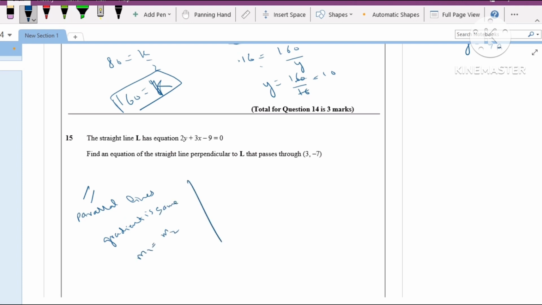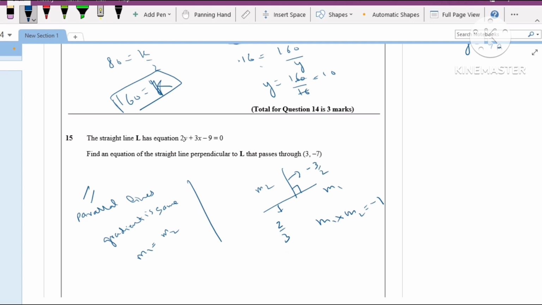But if two lines are perpendicular, this is m1, this is m2. If two lines are perpendicular, the gradients multiplied together give us -1. What does it mean? The two gradients are reciprocal to each other with opposite sign. For example, if the gradient of this line is 2 over 3, the gradient of this line is -3 over 2.